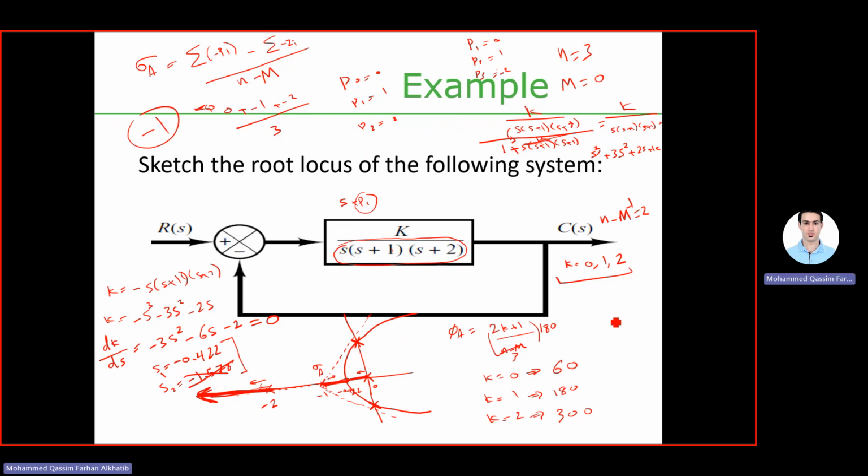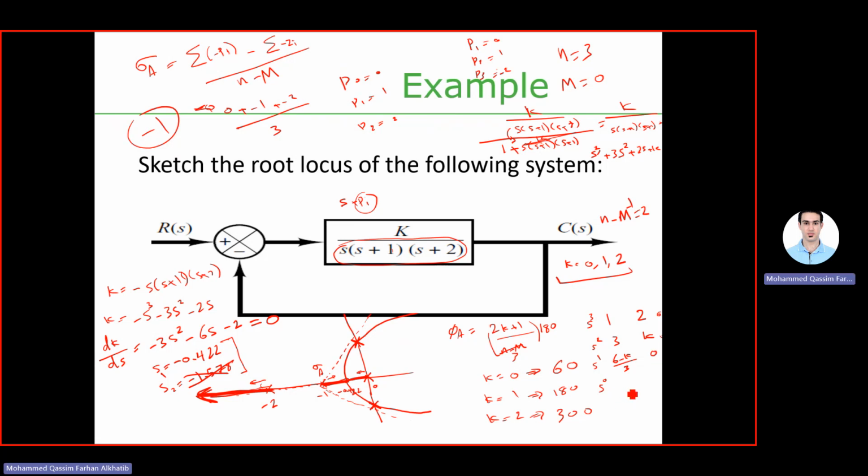I will have 1, 2, 3, K. The value here is going to be (6 minus K) over 3, and this one is zero because I have the columns there zeros.